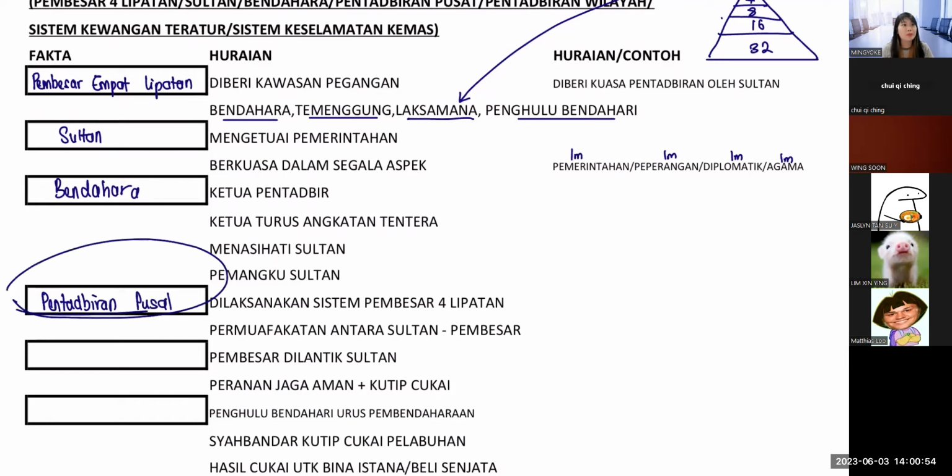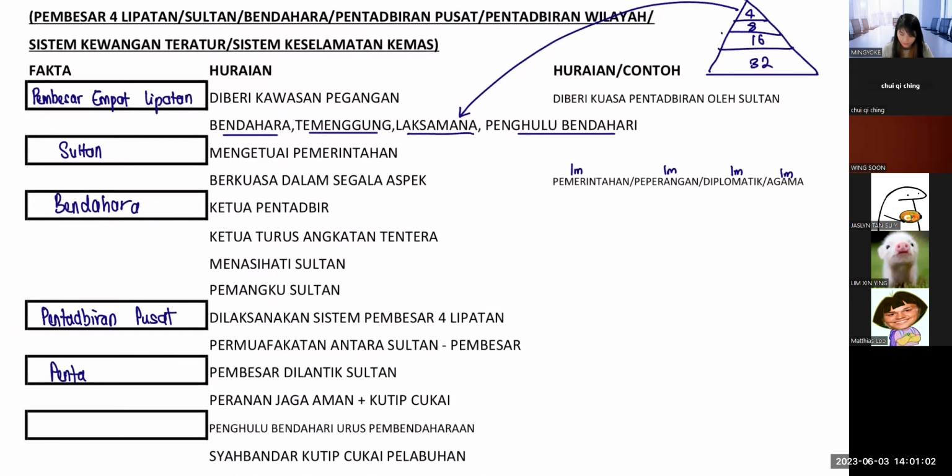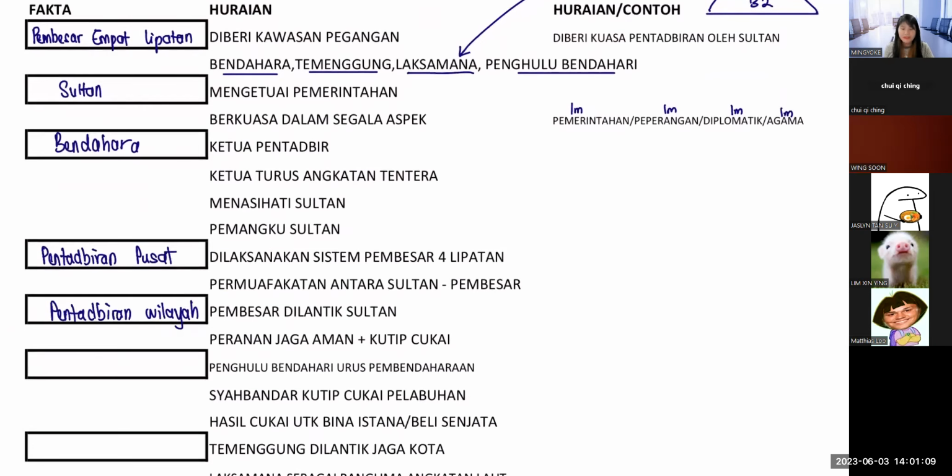According to our pentadbiran pusat, guys, pentadbiran pusat is our government center. And after that, we have pentadbiran wilayah. Okay. Now, our pentadbiran in Malacca are divided into pusat and wilayah. Pusat one is dilaksanakan sistem pembesar 4 lipatan with the cooperation between sultan and pembesar.